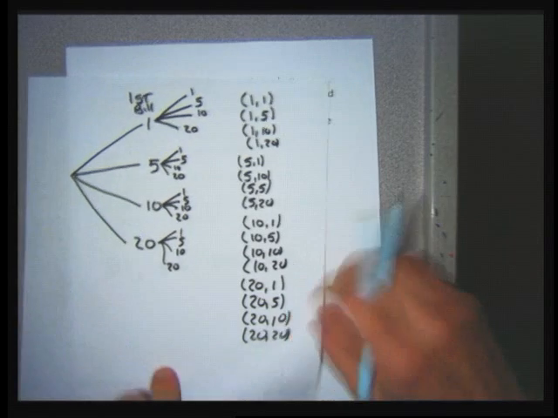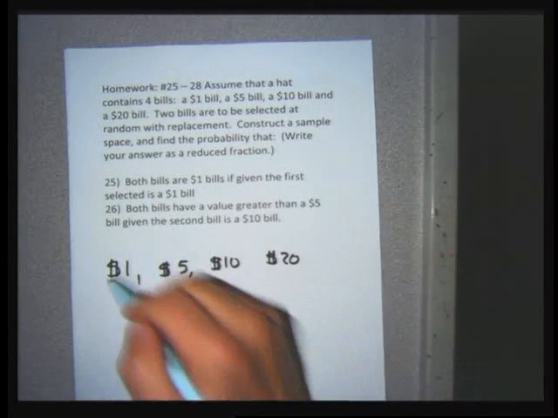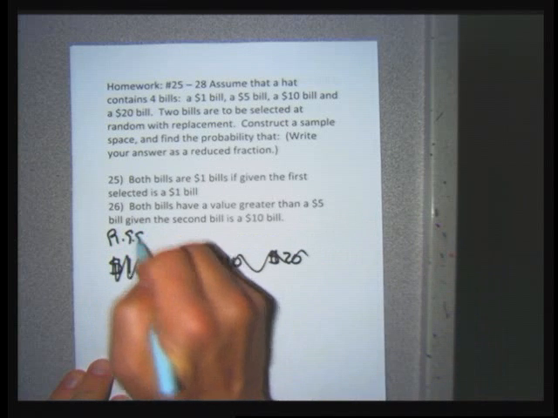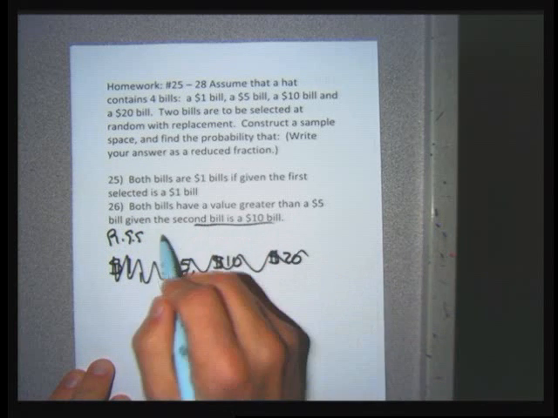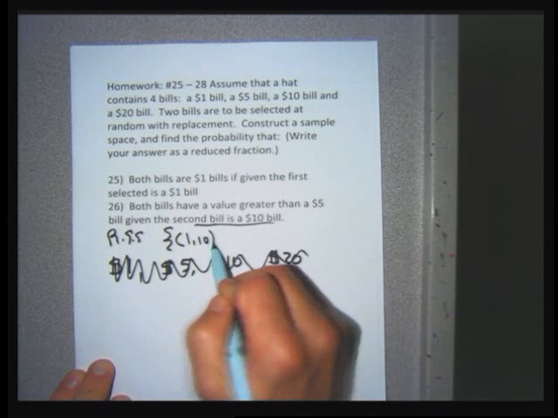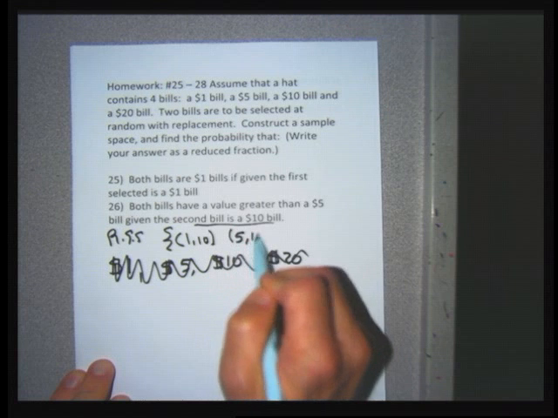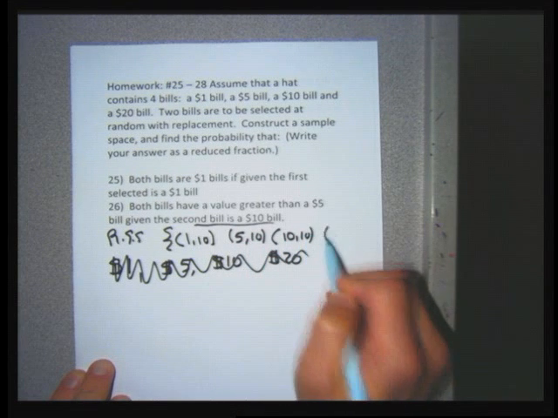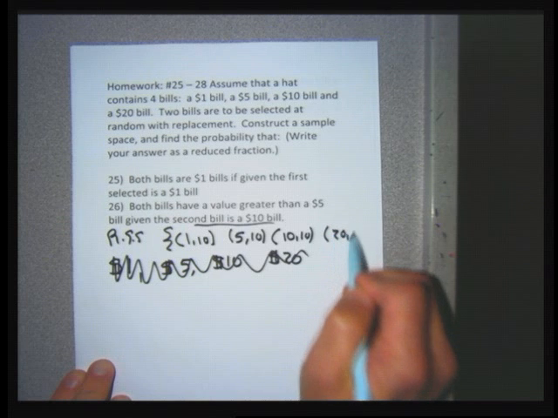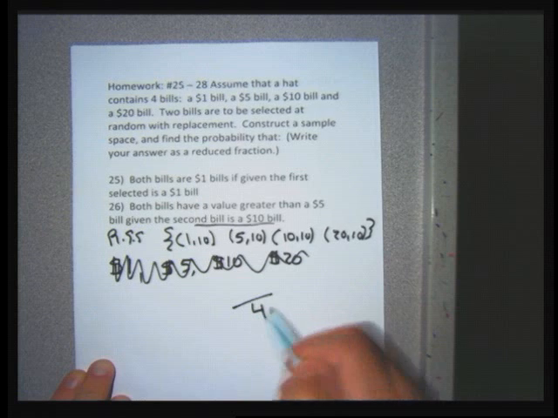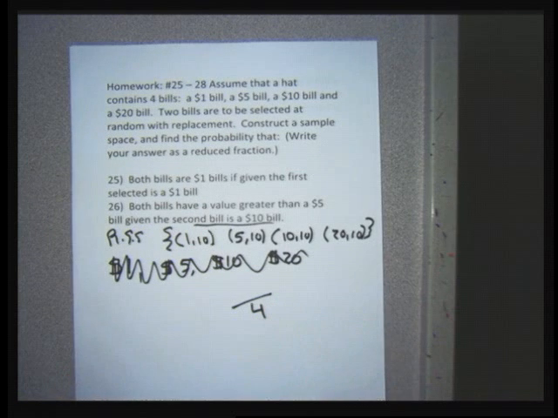So my reduced sample space for problem 26, the ones that have the second bill a $10 bill, would be the 1 and the 10, the 5 and the 10, the 10 and the 10, and the 20 and the 10. So for 26, the denominator of my probability is going to be 4 because there's 4 items in the reduced sample space.